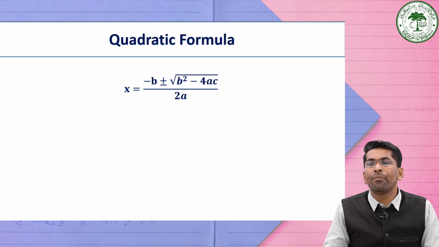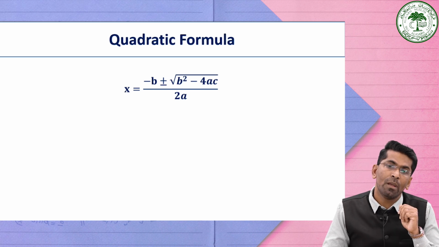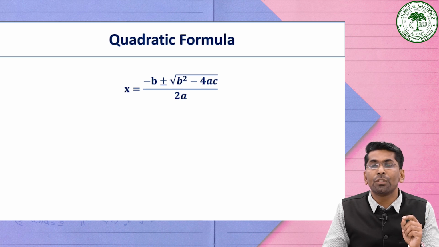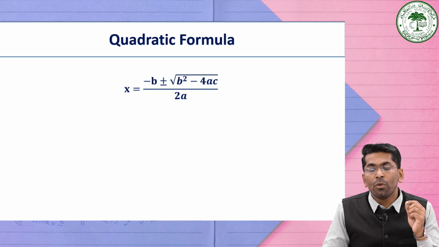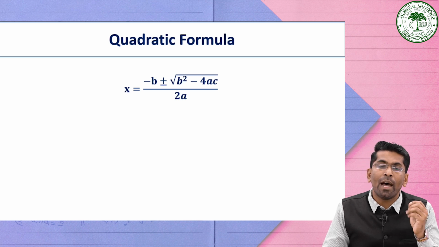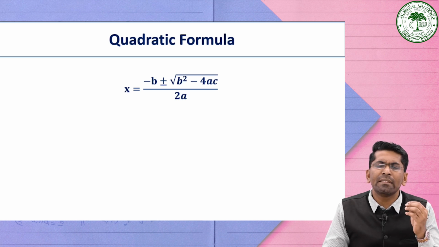This quadratic formula is used to find the roots of a quadratic equation when factoring the equation is not feasible, or when factoring leads to complex factors. So in this case, if the roots of the quadratic equation are irrational or maybe complex, then the quadratic formula provides an exact method to find the solution.